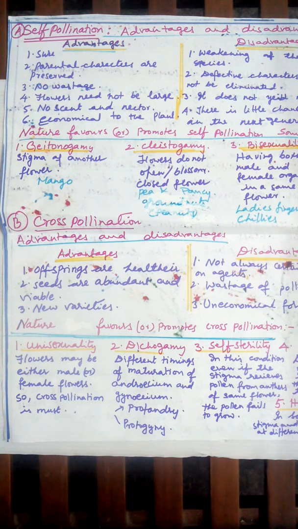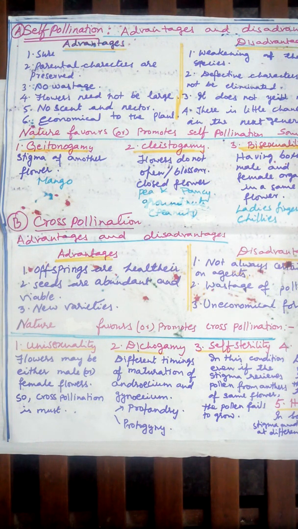In many bisexual flowers, the anther and the stigma of the same flower mature at different timings. In some plants, the anthers of the flowers mature earlier than the stigma, and such a condition is called protandry. Examples: ladyfinger, sweet pea, salvia, sunflower. In some plants, the stigma of the flower matures earlier than the anthers.